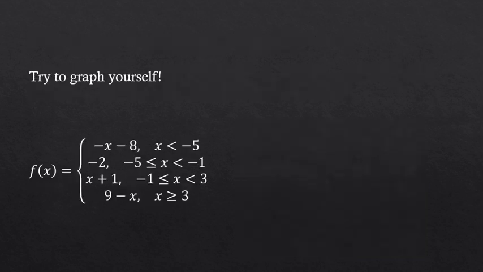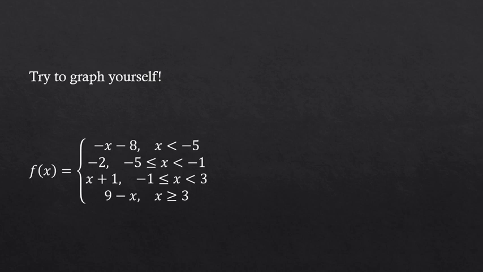Try to graph this one on your own. There are 4 pieces here. F of x is equal to minus x minus 8, provided x is less than negative 5. It's equal to negative 2, provided x is greater than or equal to negative 5 and less than negative 1.